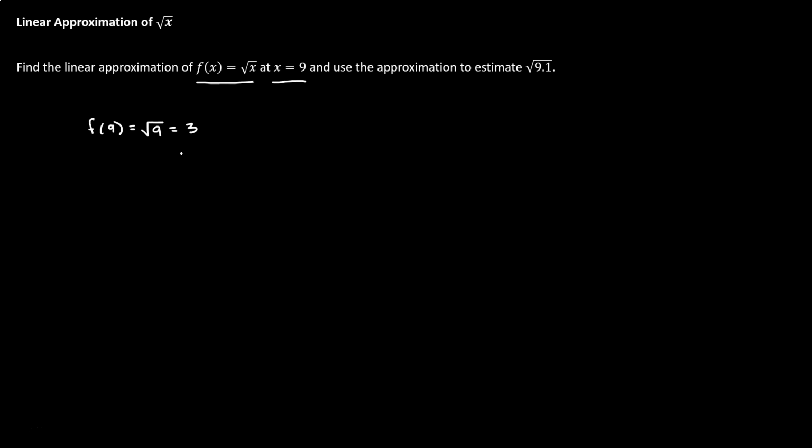So at x equals 9, f of x becomes square root of 9, which is 3, which is a nice clean number. But the real number we want to calculate is what happens to our function when we plug 9.1 into it. Well, this is not one that we can work out with pencil and paper. We'd need a calculator to do it. Or we can do linear approximation.